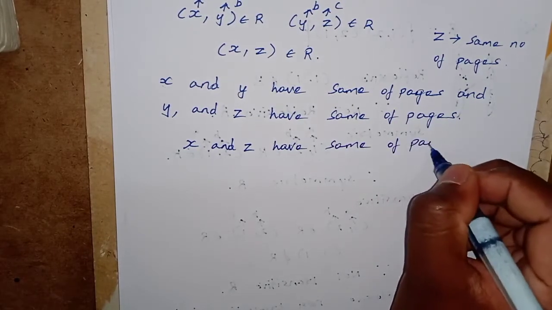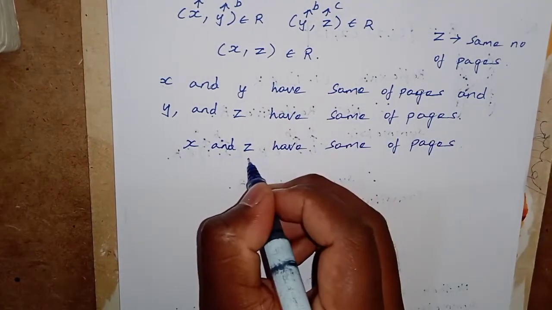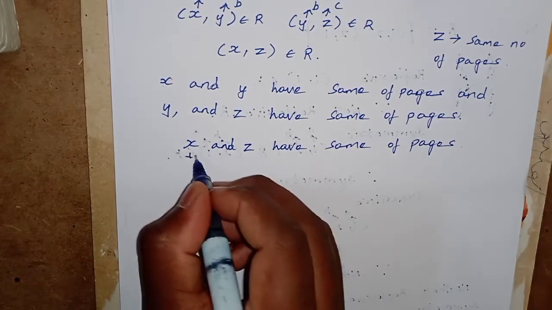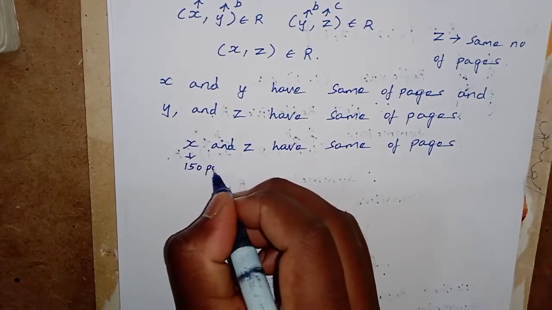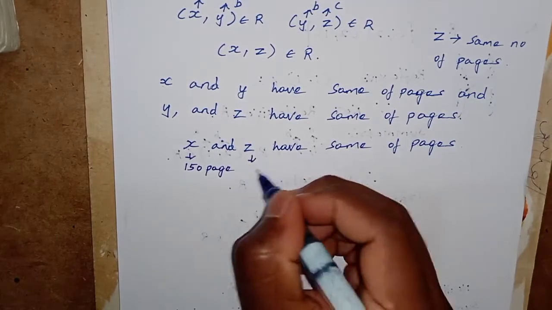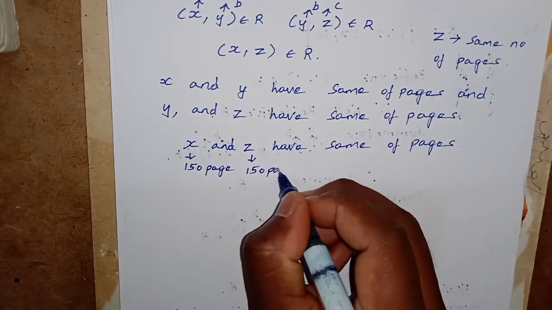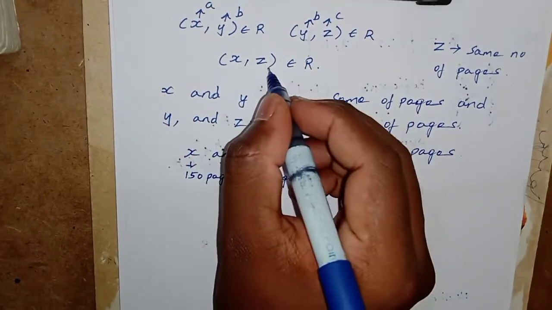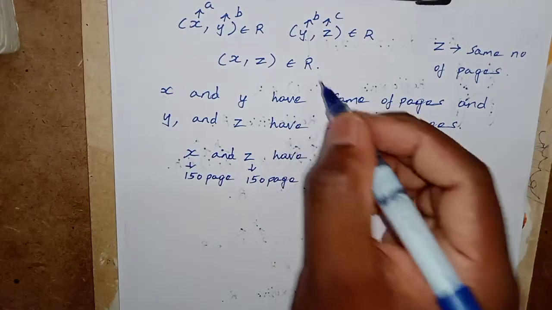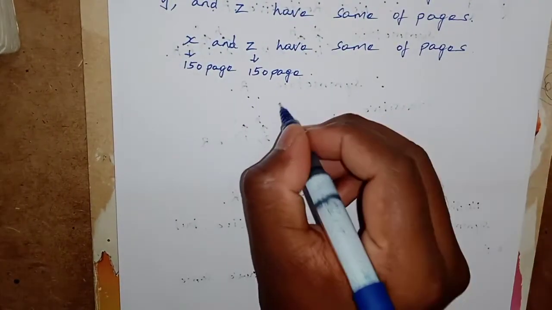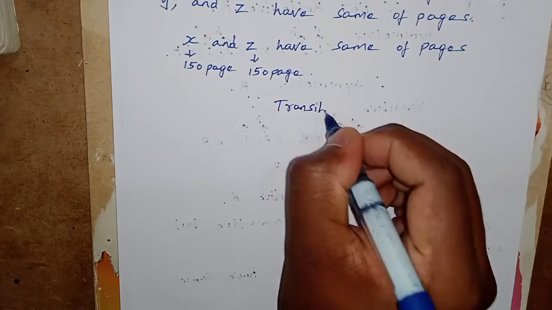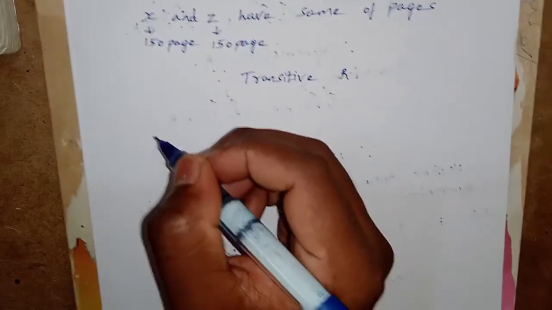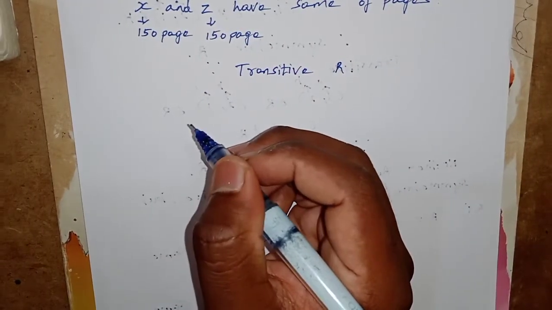In a library, you have to take another book. The other book also has the same number of pages. Example for x, here 150 pages. Therefore, the other book also contains the same number of pages, 150. It is satisfying. Therefore, here (x, z) belongs to R. Therefore, here it is satisfying the transitive relation. Okay, next, question number 8.